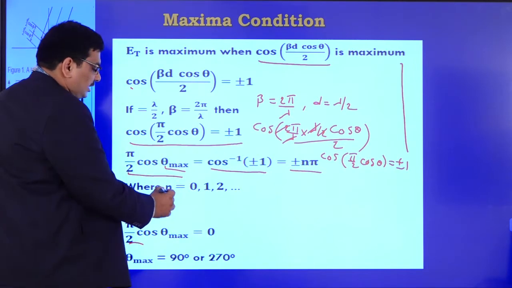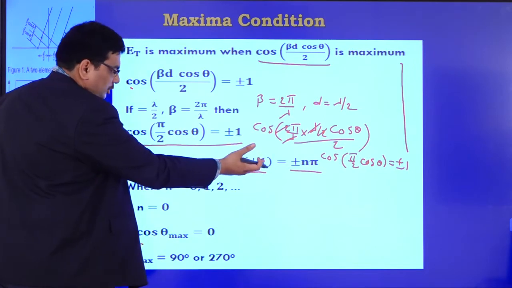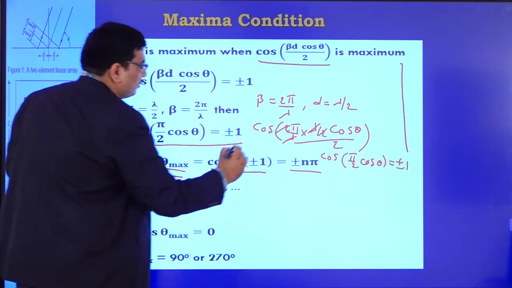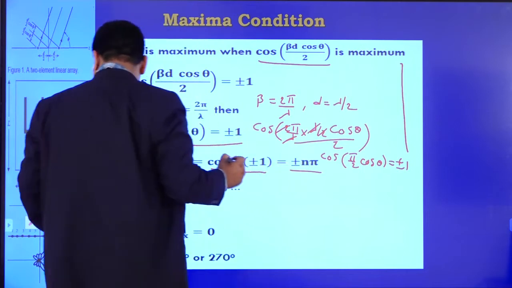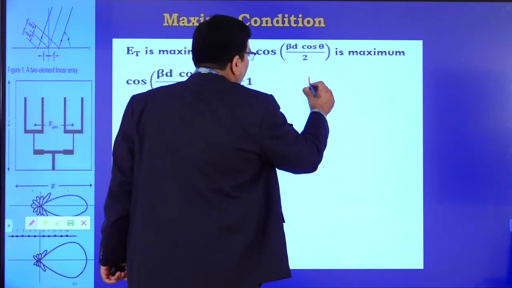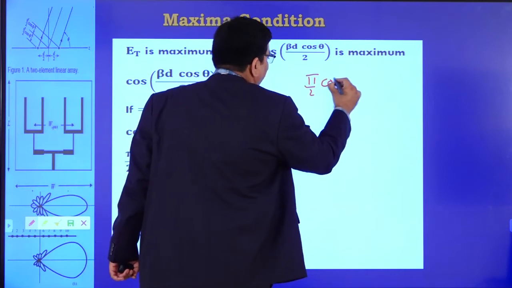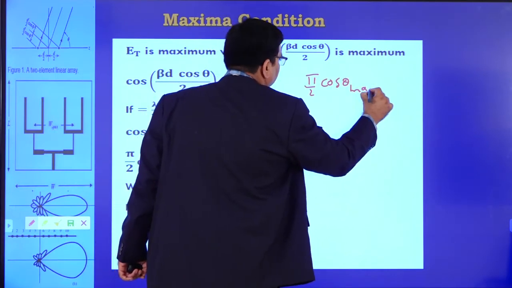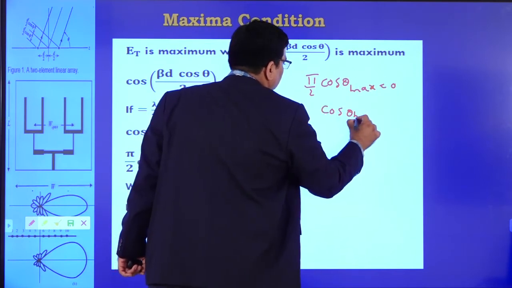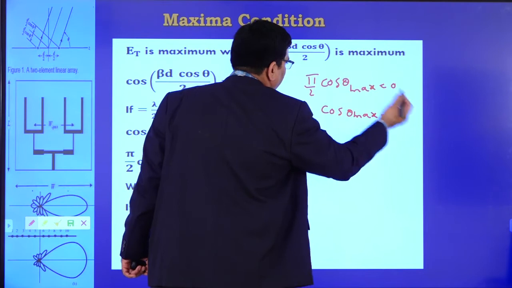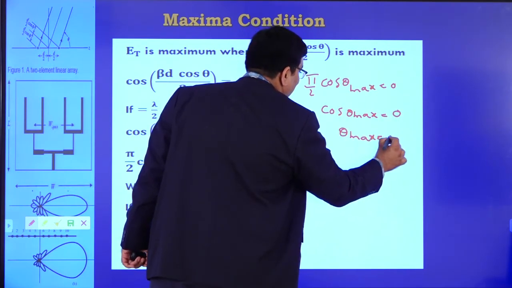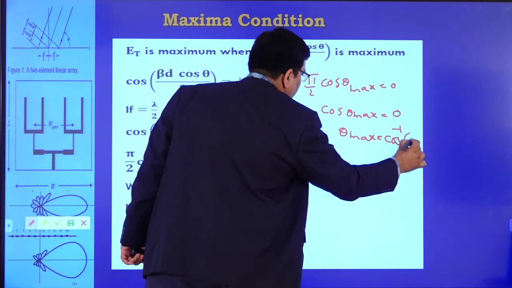So, if you substitute the n value 0, 1, 2, we are substituting for only n equal to 0, then this becomes 0. So, your pi by 2 cos theta max is equal to 0. From this, if you take the pi by 2 term to the right side, cos theta max is also 0. So, your theta max is equal to cos inverse of 0.